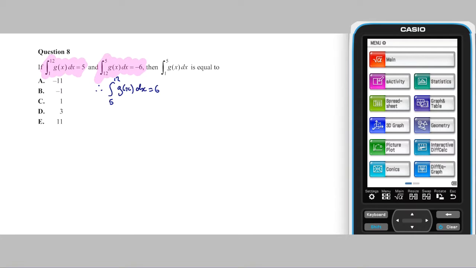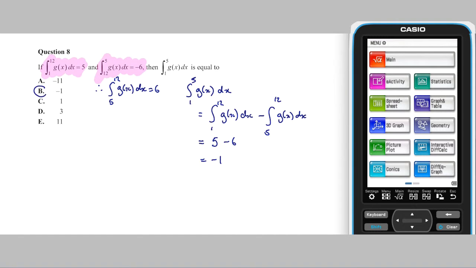Based on these two results, the integral from 1 to 5 of g of x can be found. It can be done by considering the integral from 1 to 12 of g of x, subtract the integral from 5 to 12 of g of x. In other words, 5 minus 6, which equals minus 1, and our answer is B.